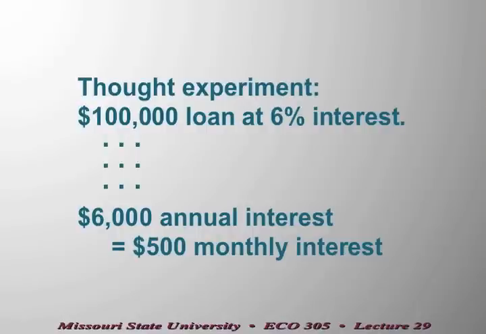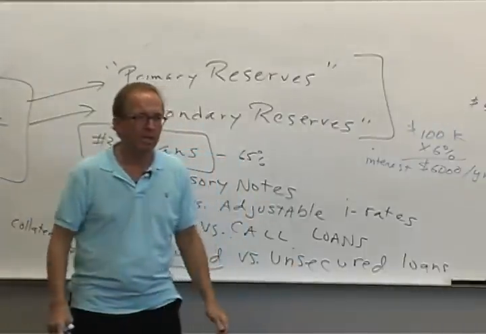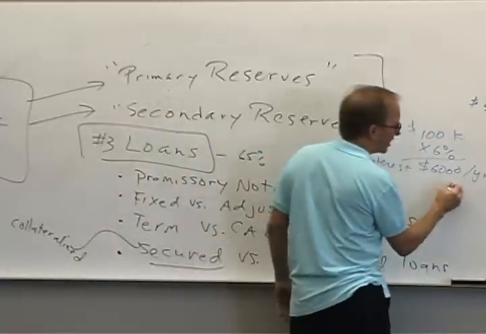How much interest is that a year? Pardon? $6,000 a year. This is interest. Now, $6,000 a year. How much a month? Because these are monthly payments. How much a month out of that would that be? $500 a month.